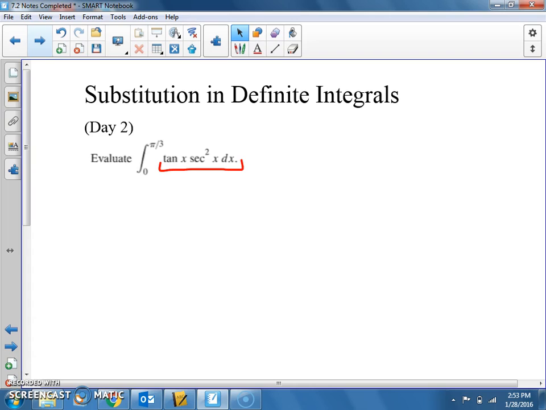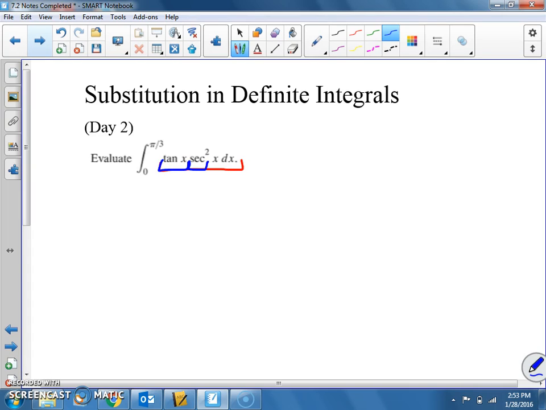No, we can leave it as tangent and secant squared. There's no problem with having it as tangent and secant squared here. Look at each one of them separately. I've got tangent, and then I've got secant squared. The derivative of secant squared, is that going to be tangent?